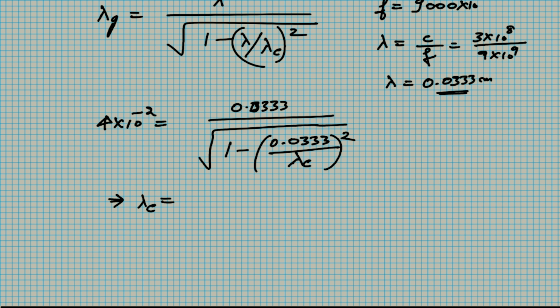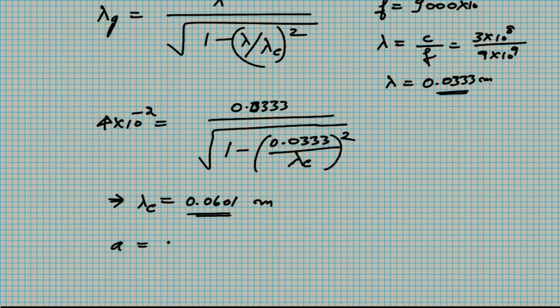First you solve that. So we get 0.0601, in meters. So we got lambda c. Once you have lambda c, let's calculate the value of a.